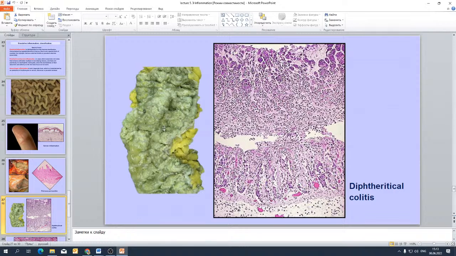You see white colors, and here you see mucous membrane, and fibrin, and a lot of leukocytes present. If you look at this, extended vessels with dilatation, and congestion of vessels, blood congestion.